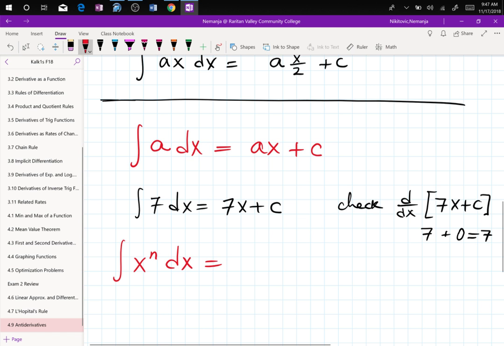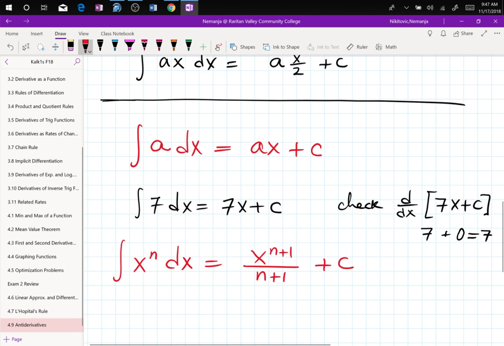This is the integral of x squared, the integral of x to the 5, but also all of the integrals of square roots and cube roots and 1 over x cubed, everything is in here. I'll do 3 examples. It is x to the n plus 1 divided by n plus 1, plus c.